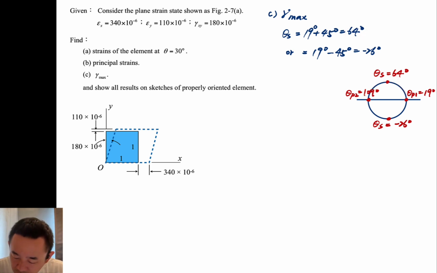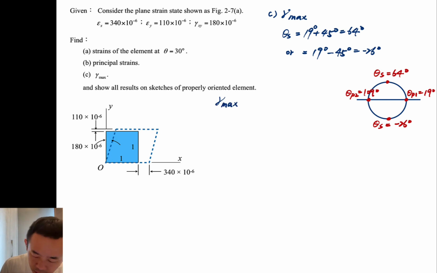And of course, if you go clockwise, you will have negative 26 degrees. So this minus 26 degrees will be theta s1, okay? Will be the highest.